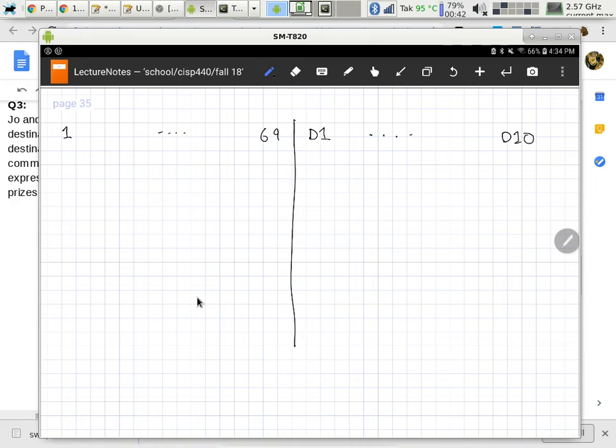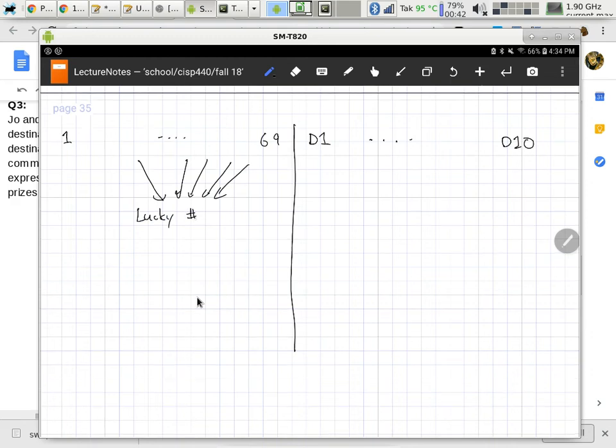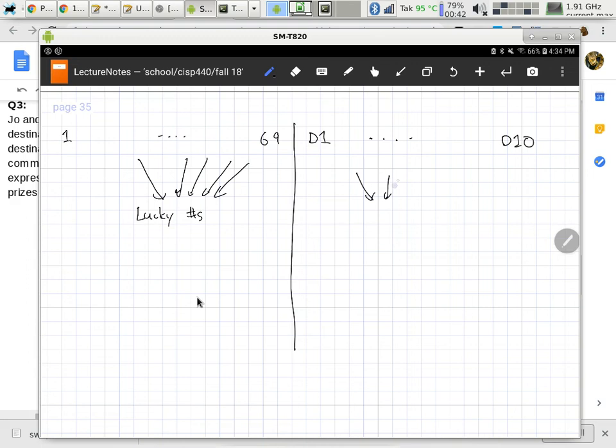In the lotto problem, out of these 69, I choose 5 of them. So according to the lotto website, these are called the lucky numbers. In the other problem, out of the 10, I choose 6 of these, and these become Joe's destinations. Is that okay? So this part is fixed.